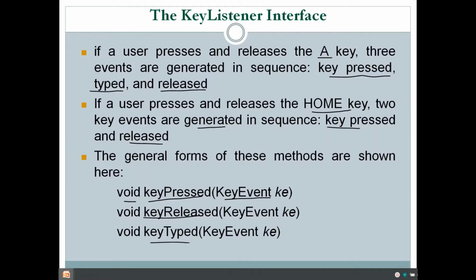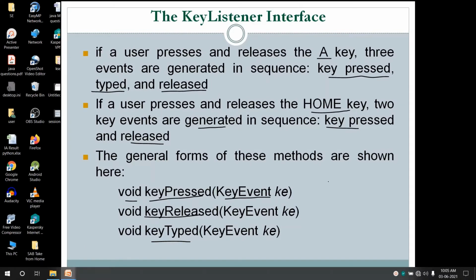Let us go through an example to understand how these events work and how we can use the key listener interface. In this example program, we will create an applet screen, and on the applet screen, if the user presses any character, that character will be directly printed. Like if the user presses A, it will be displayed.